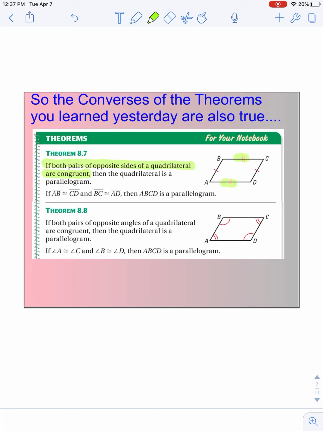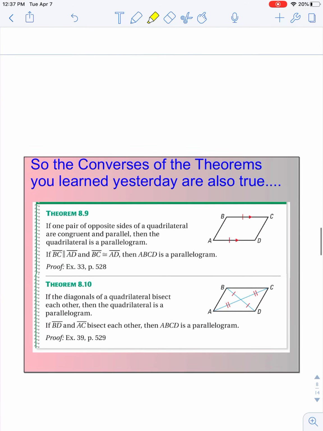Both pairs of opposite sides, that's all we need to know. And once we say it's a parallelogram, all the other properties apply. We can also do the same thing if we just know that both pairs of opposite angles are congruent. So if I have these pairs congruent, that's enough to show that it is a parallelogram.